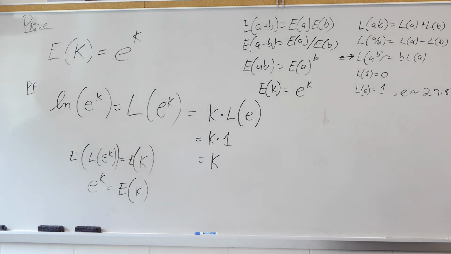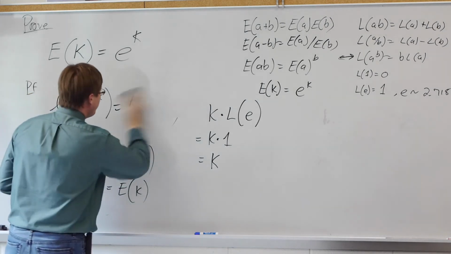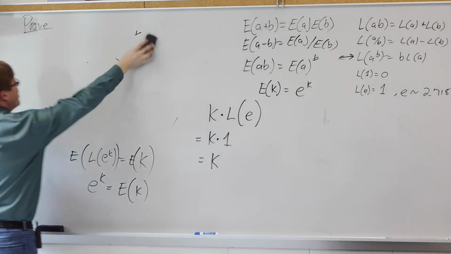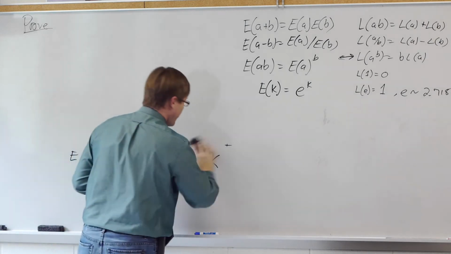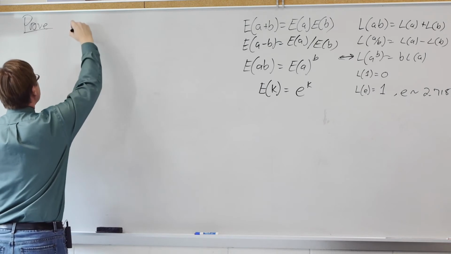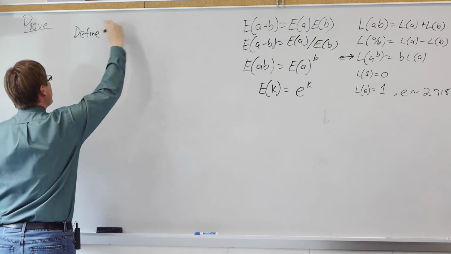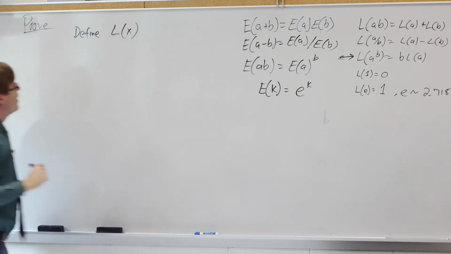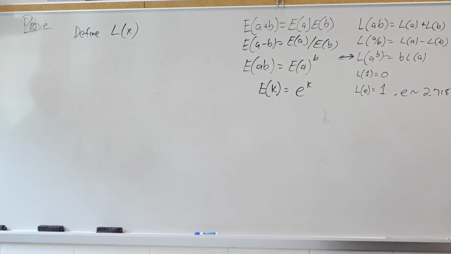Okay, so now we've done all this work and we've pretty much come full circle. Now, I started with this capital L function that was the area under a curve. I proved a lot of properties about it, but I didn't know what it was. I don't have any function that acts like it. So I just decided to call this thing ln of x.